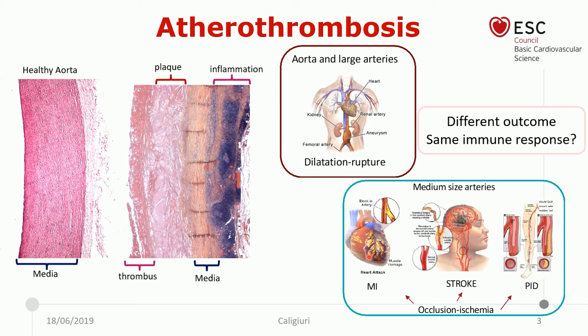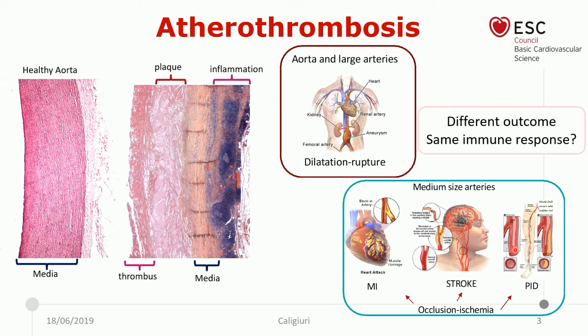For instance, in myocardial infarction, coronary arteries, stroke, and peripheral arterial disease. In both cases, you see that there are immune cells, but the fate of the healing process and the fate of the disease is opposite. Here you have a dilative remodeling, and here you have rather a constrictive remodeling.